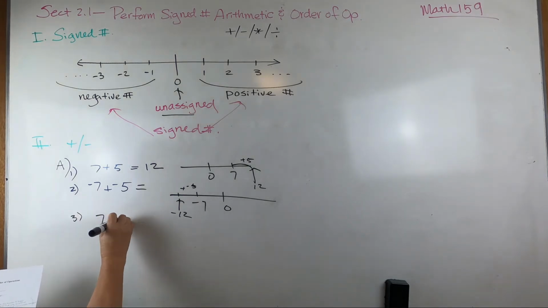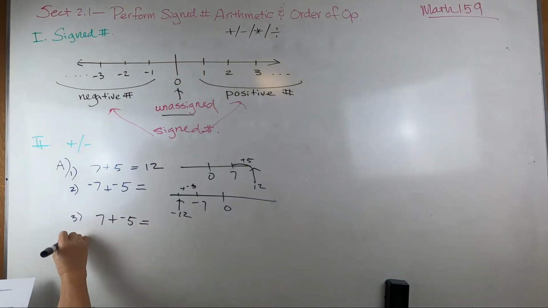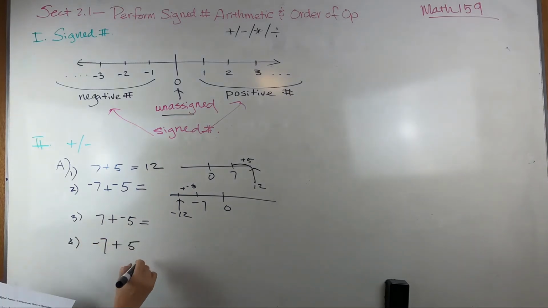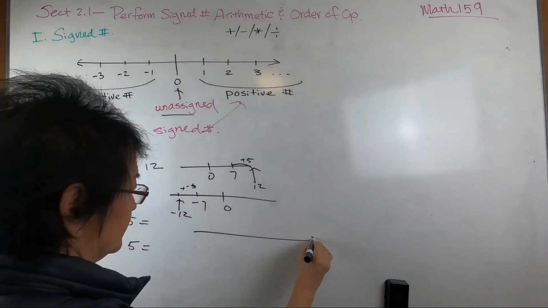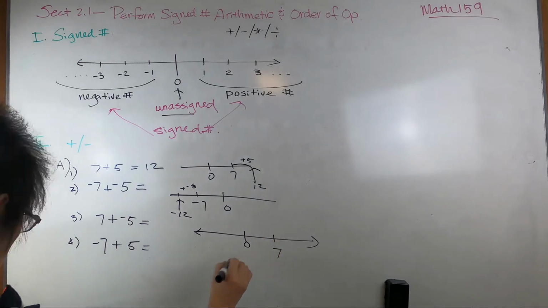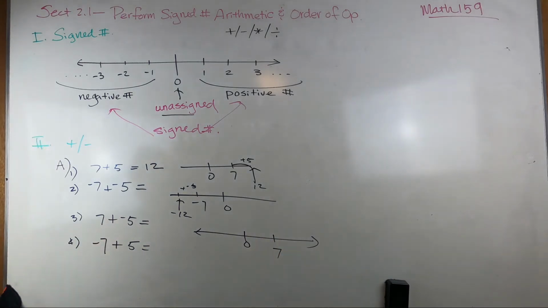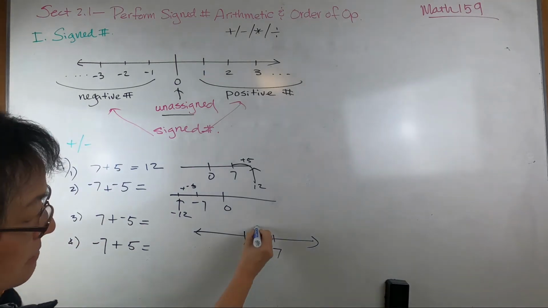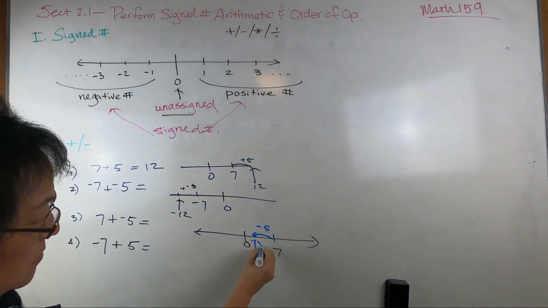What happened to 7 plus negative 5? Or negative 7 plus positive 5, right? So you can look at it this way. 0 here, 7 here. So plus negative 5. For negative, should you go left or go right? You go to the left, 5 places, right? So you go this way, minus 5. So you end up where?